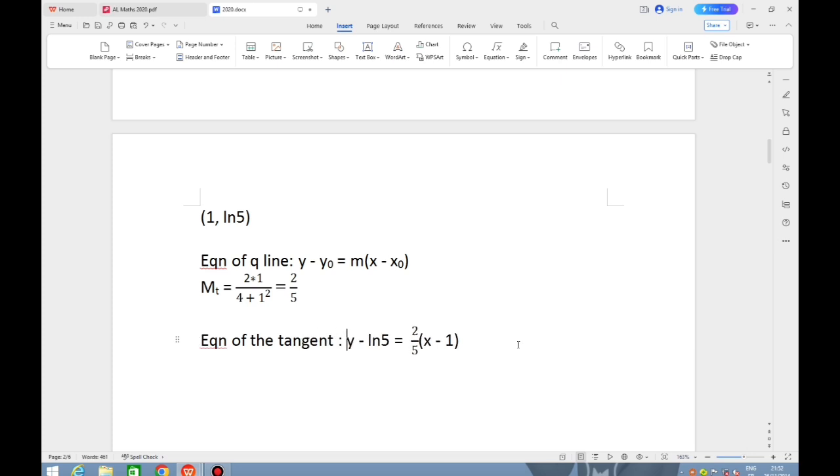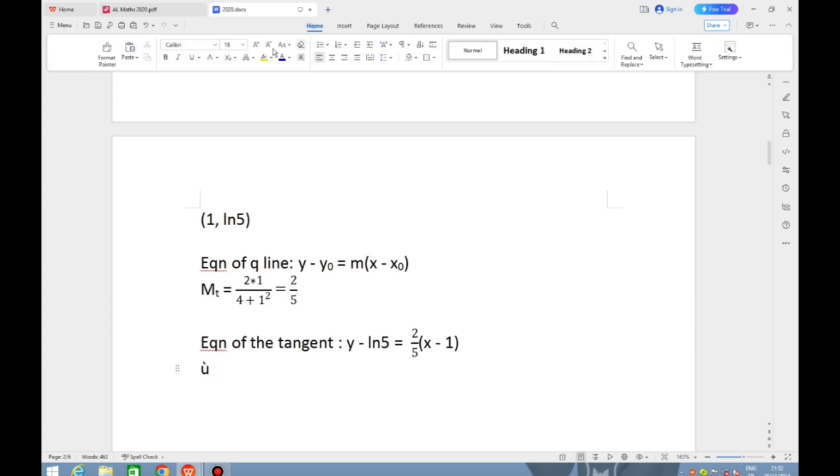And now we proceed to find the equation of the normal. To find the equation of the normal, you just have to understand the relationship between the tangent and the normal, which is the gradient. The relationship is that the gradient of the tangent, mt, times the gradient of the normal, mn, is equal to -1.